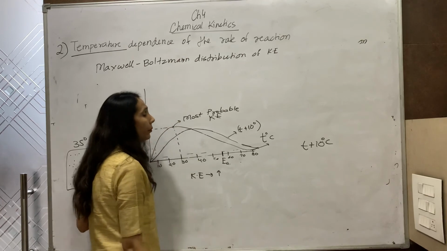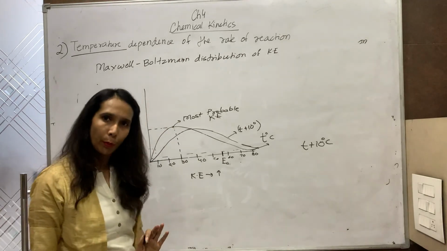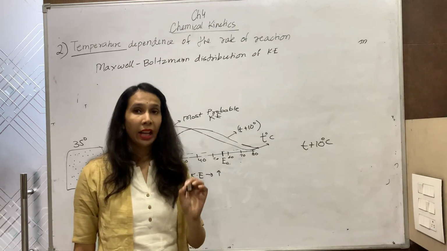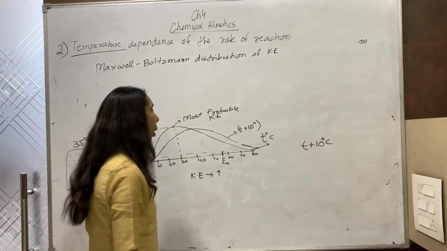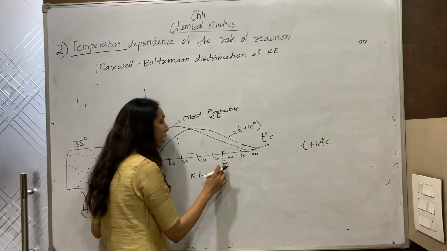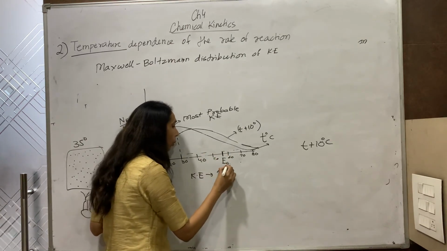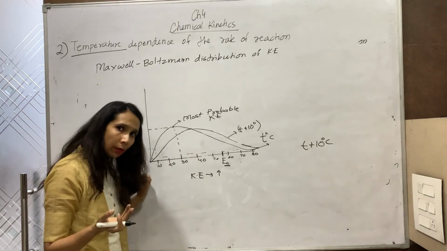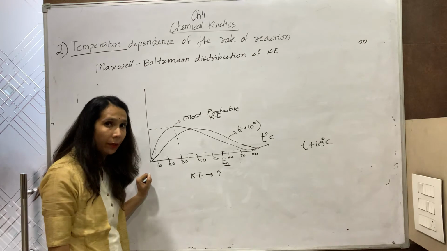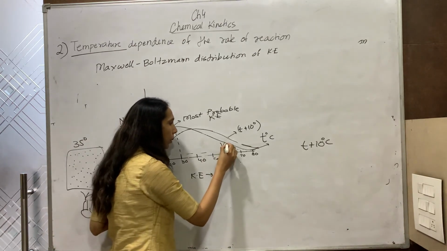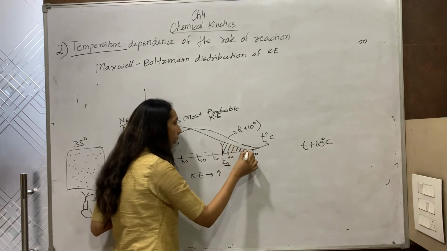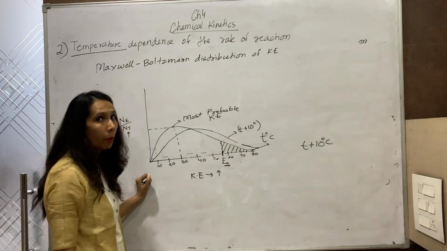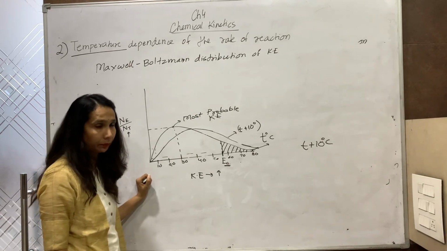All those molecules which possess energy greater than or equal to activation energy will form the intermediate. To form the intermediate you require EA. So all these molecules which have energy equal to or greater than activation energy will form the intermediate and will form the product at temperature T.